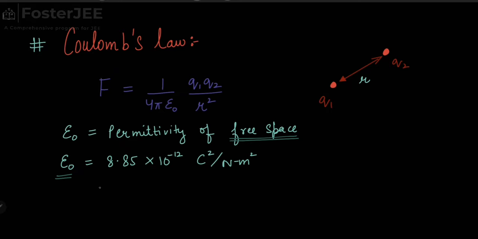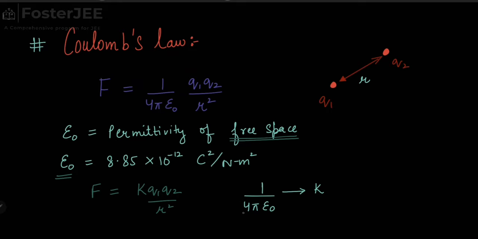The important thing is the force F can also be written as K Q1 Q2 upon R square, where we have replaced 1 by 4 pi epsilon naught with K. Now, why do we do this?